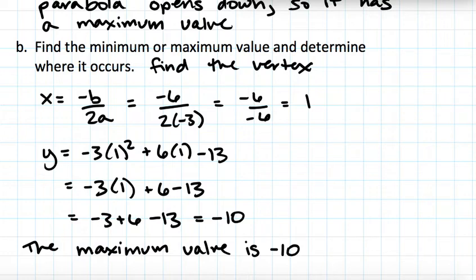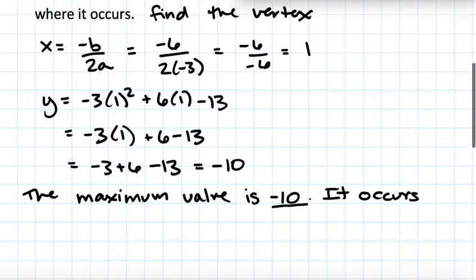So that means that the largest y-coordinate on the parabola is -10. So the maximum value is -10. It occurs at x equals 1. So this is fill in the blank in the homework. You fill in the maximum value where you put the y-coordinate and then you put the x-coordinate.